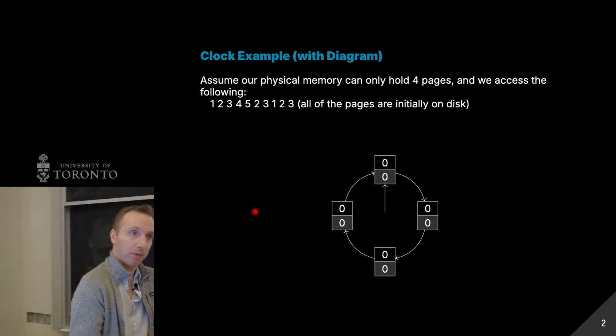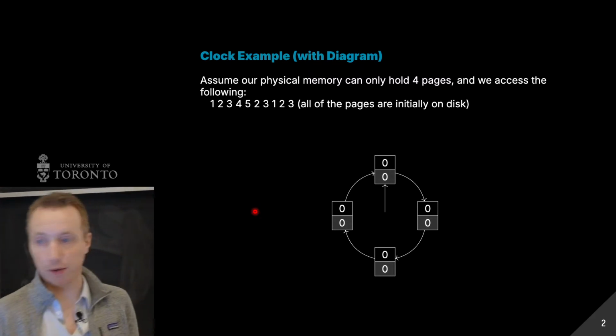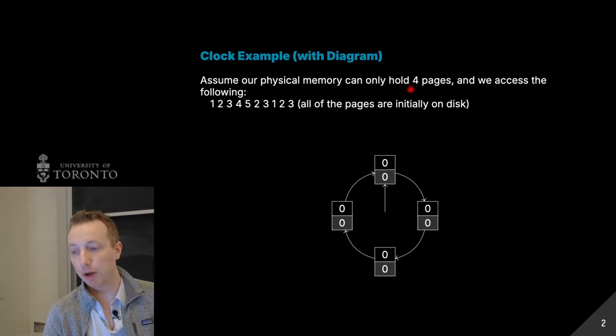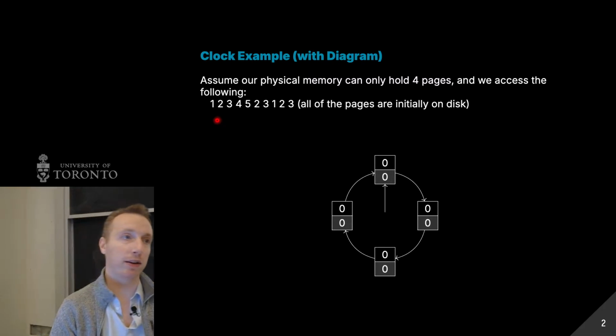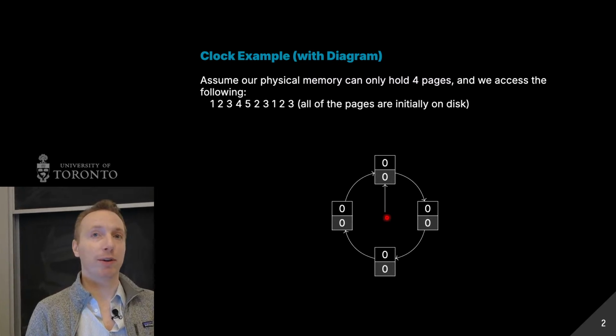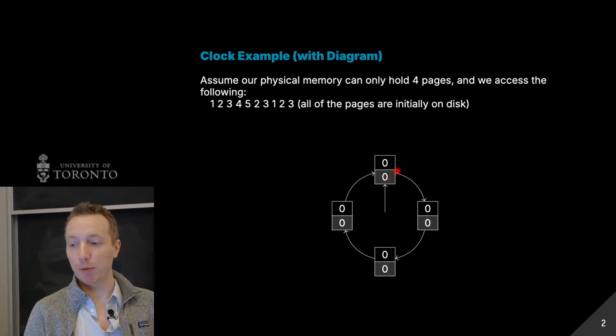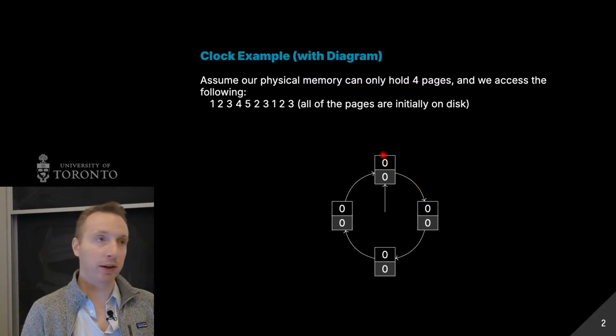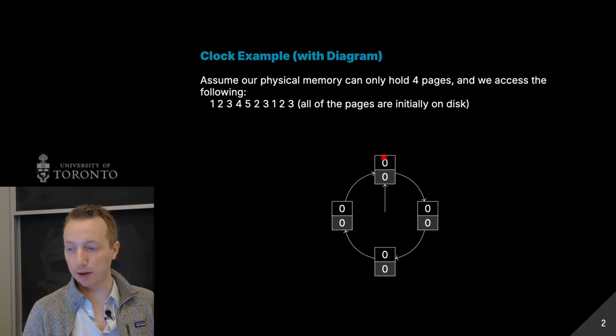So again, we'll assume that our memory can hold a certain number of pages, in this case 4, and then we have the following accesses like before. Only difference now is I'm drawing this little clock. So initially, if we have 4 pages, well, we have a circular buffer of pages. Initially, I'll just say they're all 0 to say they're invalid.